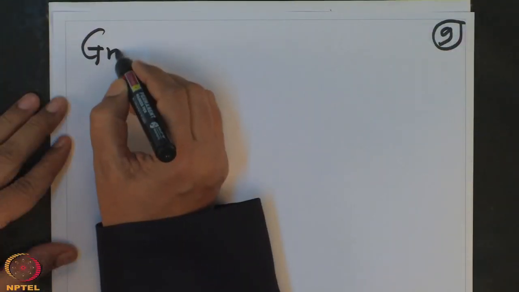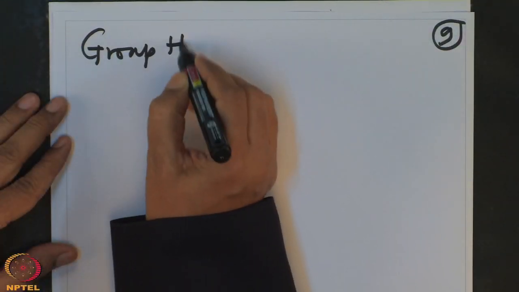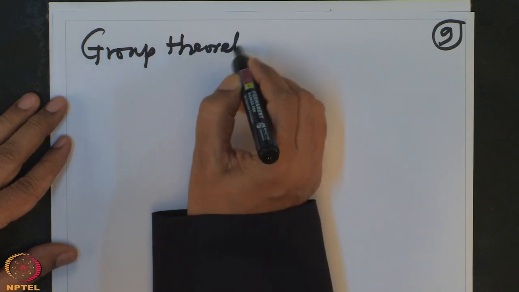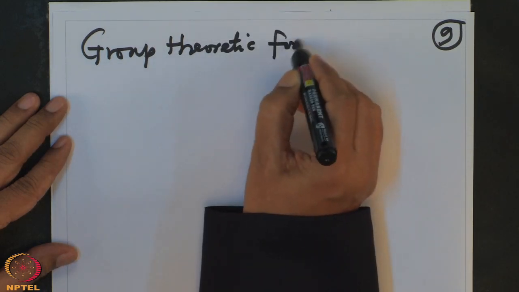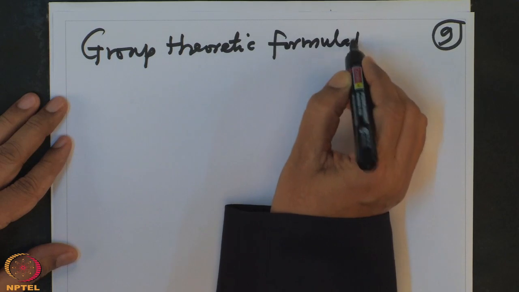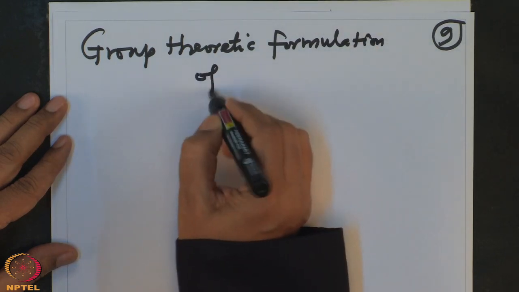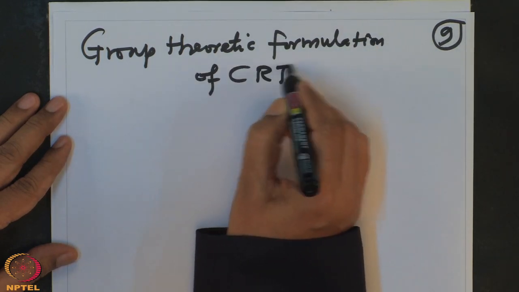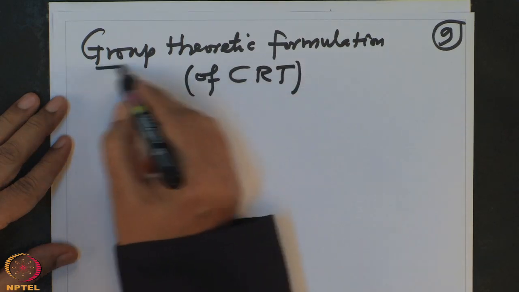Also, we can formulate the Chinese remainder theorem completely in group theoretic terms. So let me do it. Group theoretic formulation of CRT, Chinese remainder theorem.